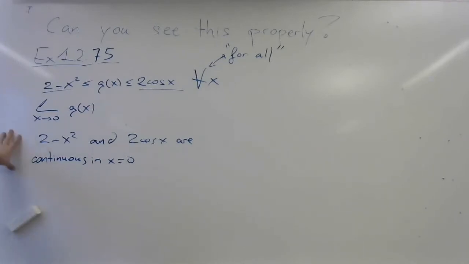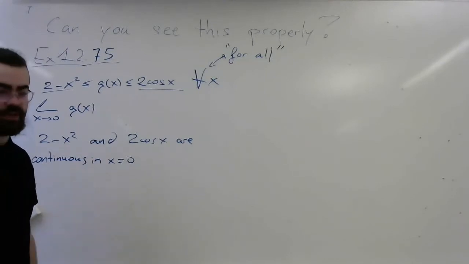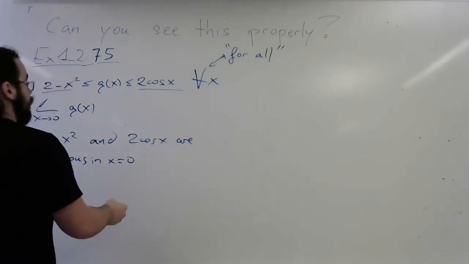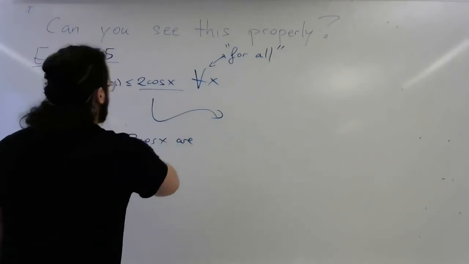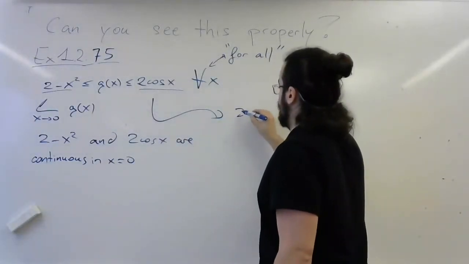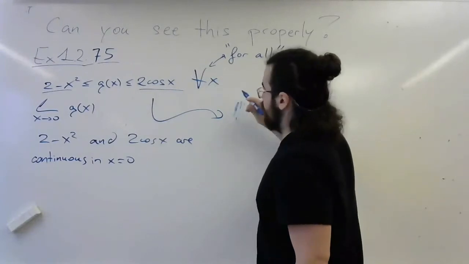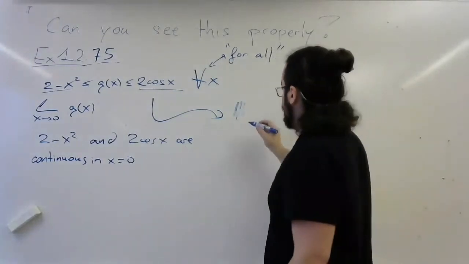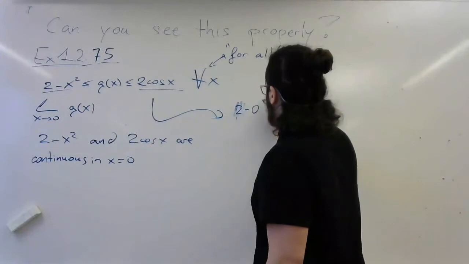So the first thing we notice is that these functions are continuous at x equals 0. And so one thing we can think about is that if we evaluate this expression at 0, we have 2 minus 0 squared.